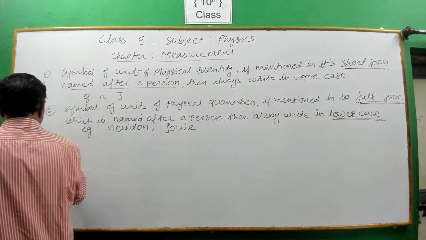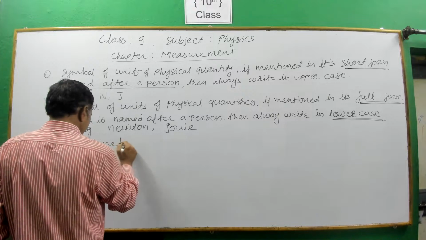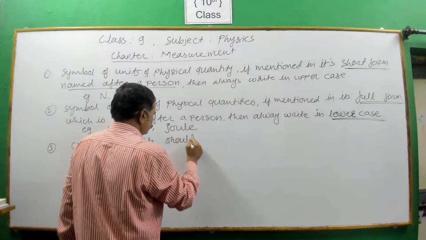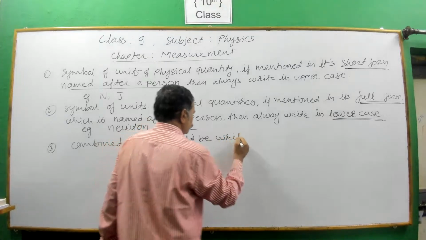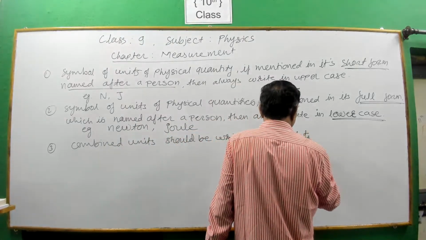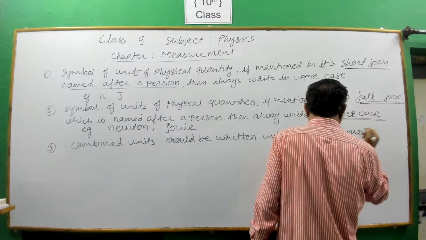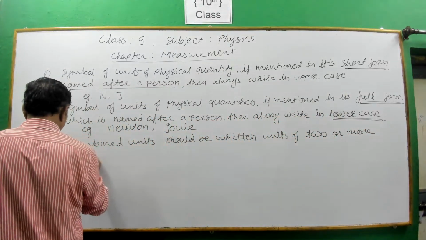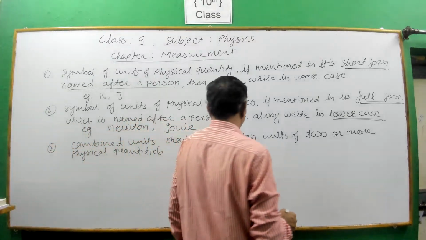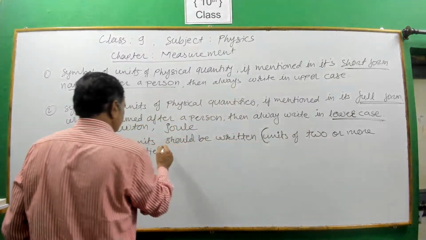Combined units, children: units should be written, the units of two or more physical quantities, the units which are made up of units of two or more physical quantities.